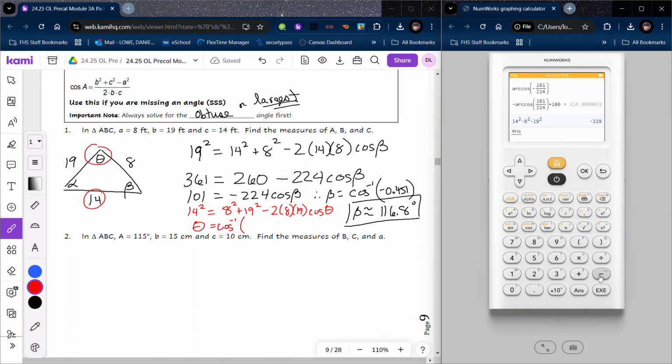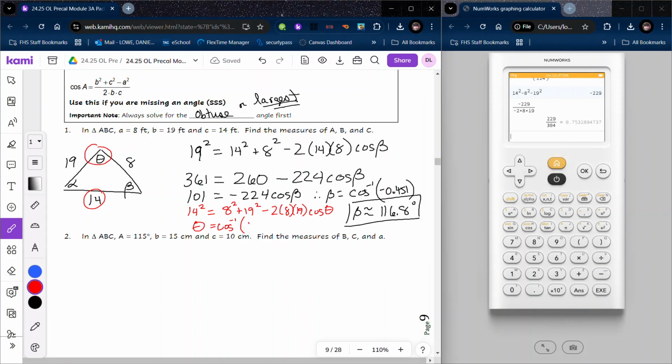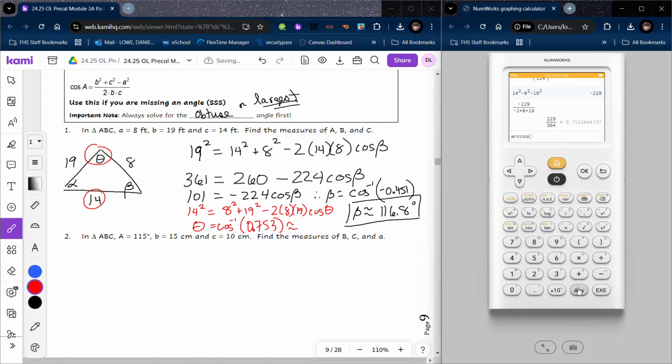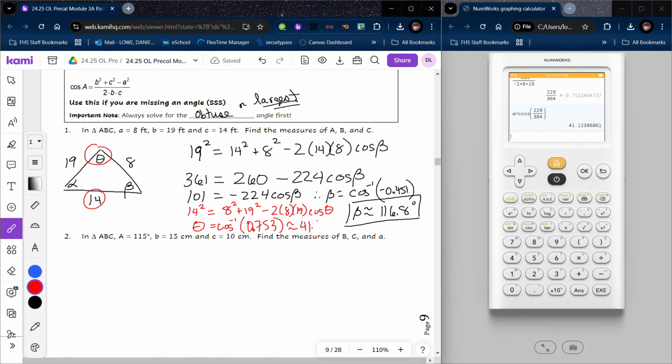All that divided by negative 2 times 8 times 19. So the inverse cosine of 0.753, it looks like. And if I do the inverse cosine of that answer, that's about 41.12. So I'll say 41.1 degrees.